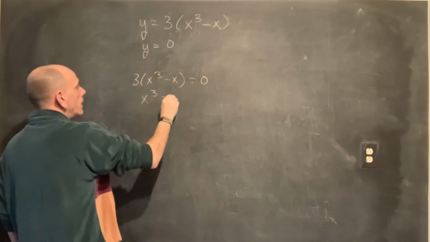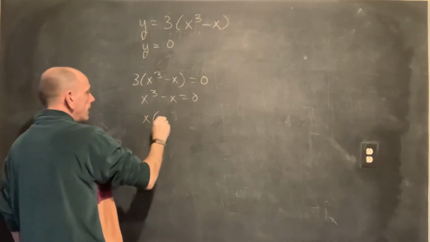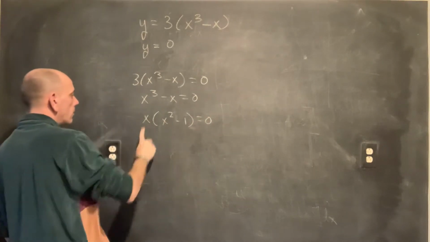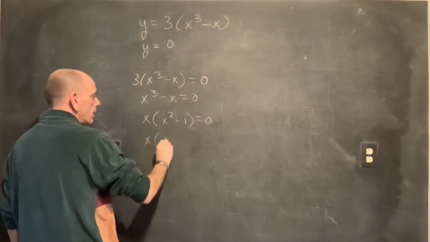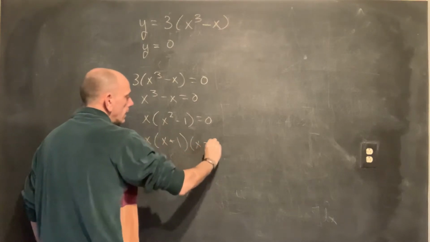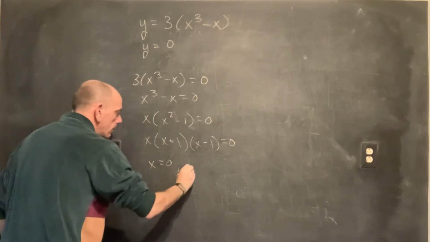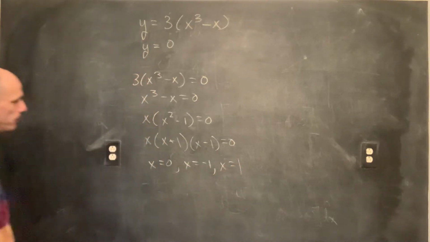Well, I can divide my 3 off. Factor out an x there, x squared minus 1 is equal to 0. So I got x equal to 0, and that's a difference of two squares, x plus 1, x minus 1. So we've got x equal to 0, x equal to negative 1, and x equal to 1.